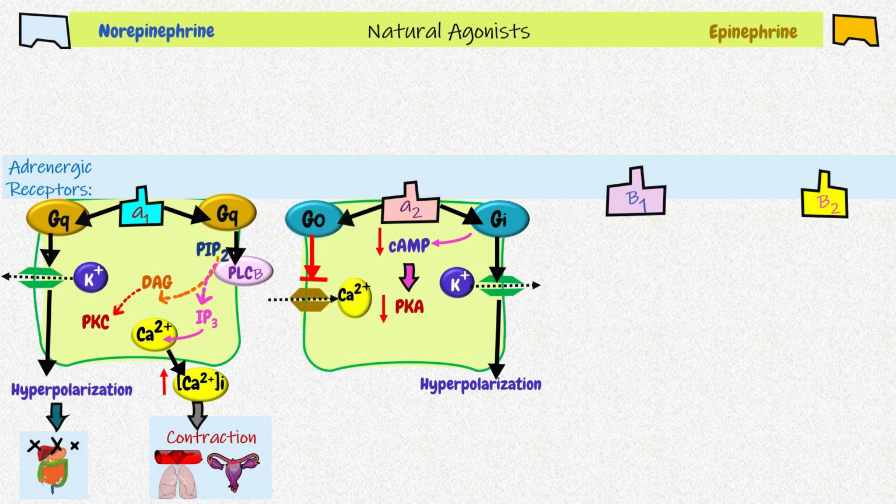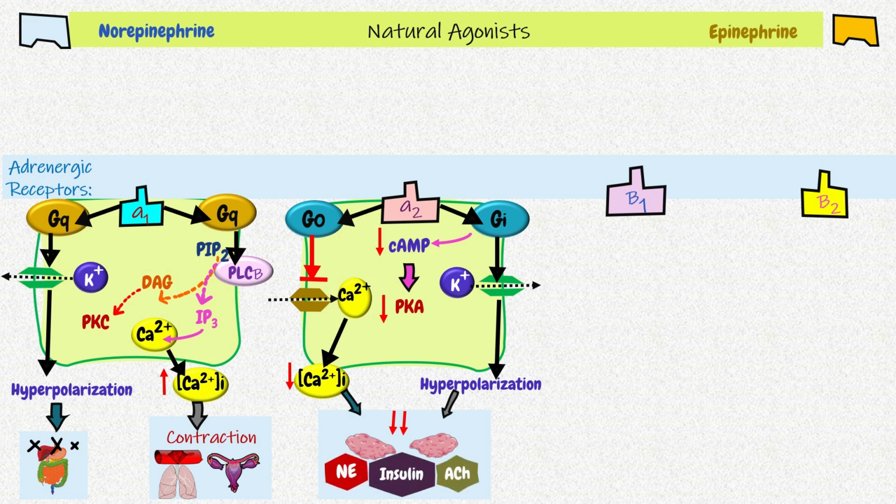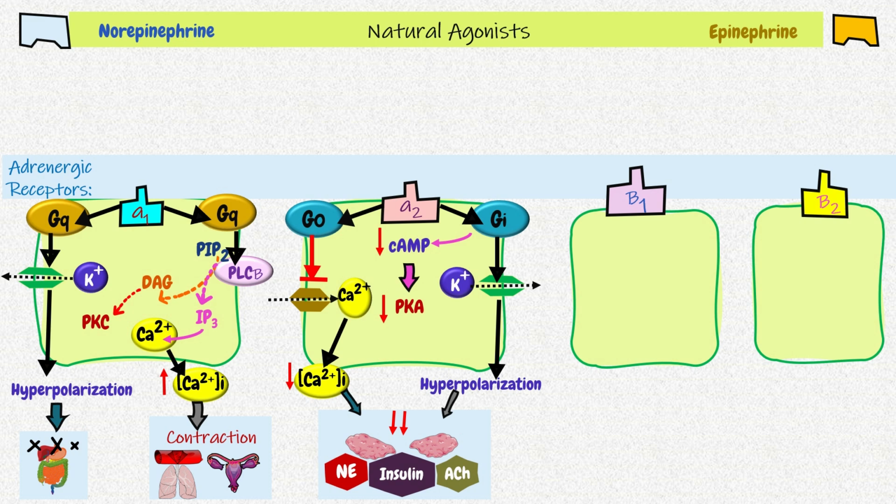When coupled with Go proteins, activated alpha-2 adrenoceptors also inhibit voltage-gated calcium channels and decrease calcium influx, resulting in inhibition of exocytosis or decreased secretion of salivary glands, insulin, acetylcholine, and norepinephrine. Other functions of alpha-2 receptors are decreased sympathetic activity, decreased salivation, decreased insulin secretion, decreased lipolysis, and increased platelet aggregation.